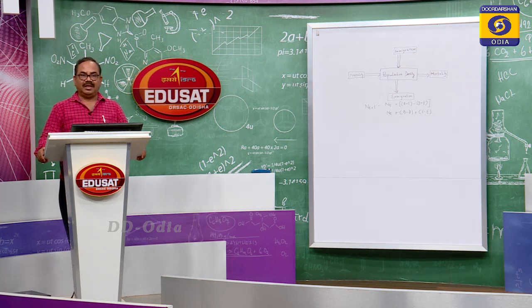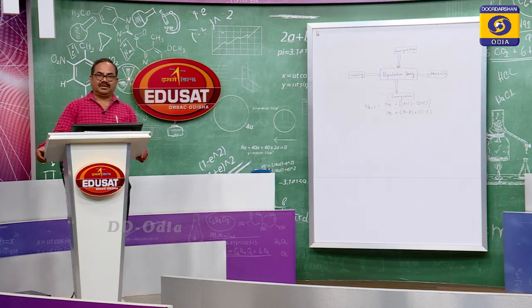The population has certain characteristics: natality, mortality, immigration into the population, emigration out of the population, and these all together contribute to population density or population growth.